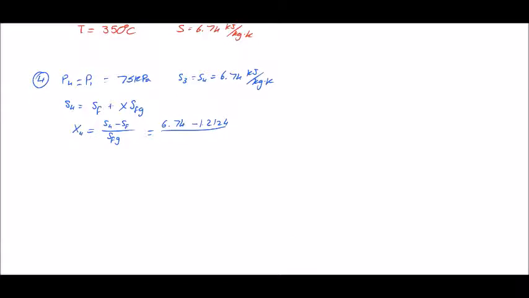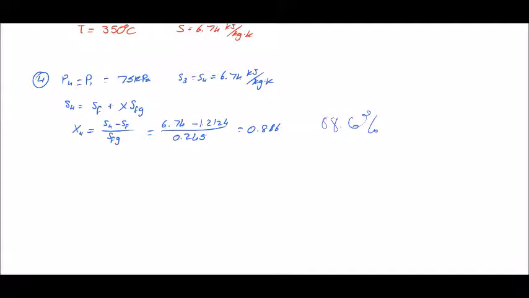And that's going to be over the difference between the entropy of the saturated liquid and the saturated gas, which happens to be 0.245. That value is going to have to be interpolated, and you have to calculate it yourself just by subtracting the entropy of a saturated gas and the entropy of a saturated liquid. This equals 0.886.